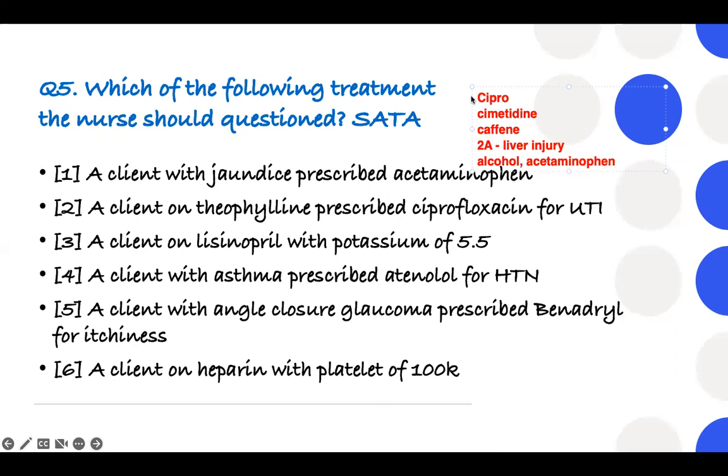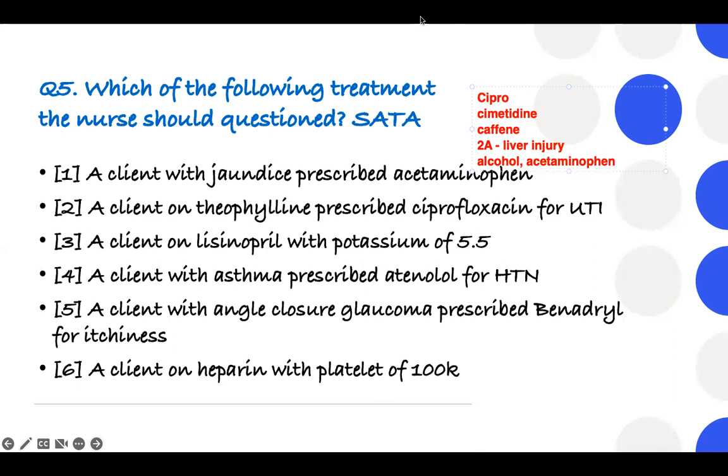So that is the way to remember all the side effects of theophylline: no Cipro, no cimetidine, no caffeine, no alcohol, and no acetaminophen because it causes liver injury. You could say 4C's basically: Cipro, cimetidine, caffeine, and cirrhosis of the liver. But they don't develop cirrhosis, it just causes liver injury. That's why I did not make it 4C.